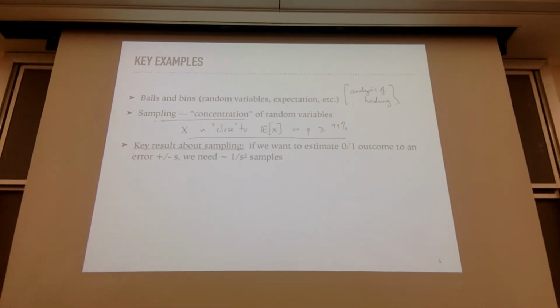And one of the results we saw, although I realized I didn't quite phrase it like this in the last class, it came out from the calculation, but I didn't emphasize the final result as much, is the following.